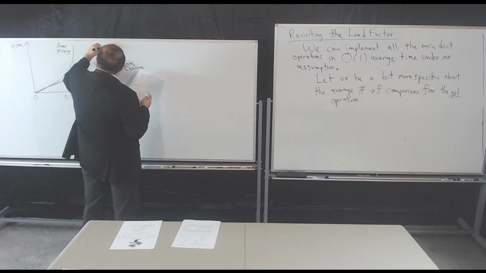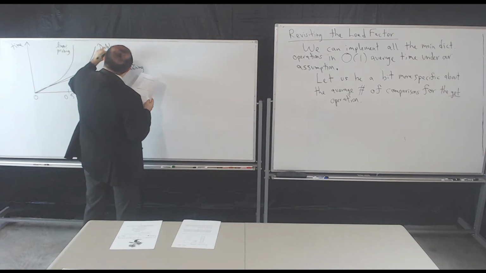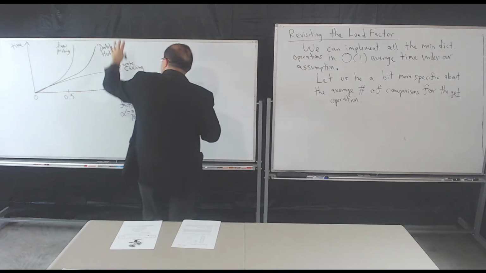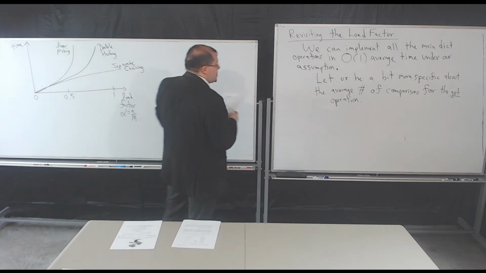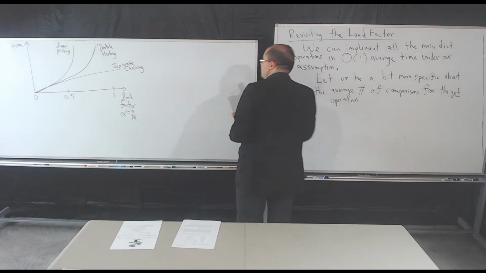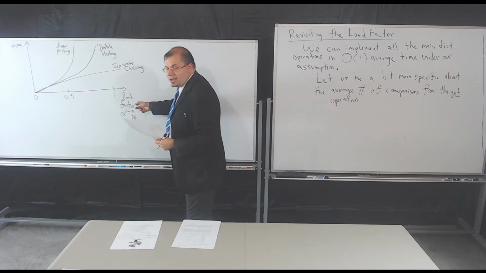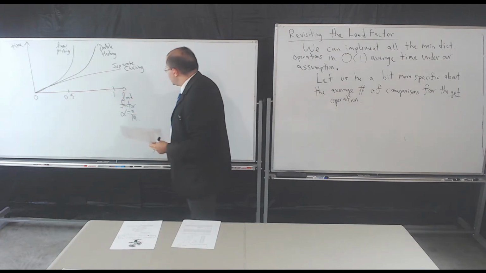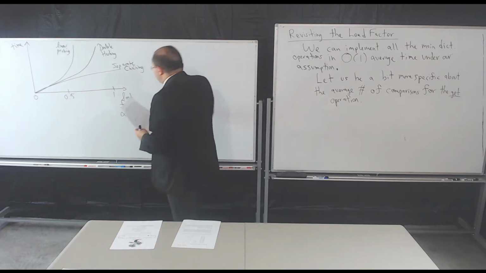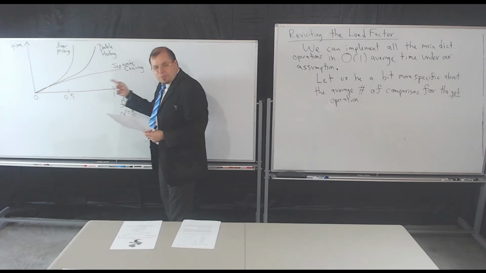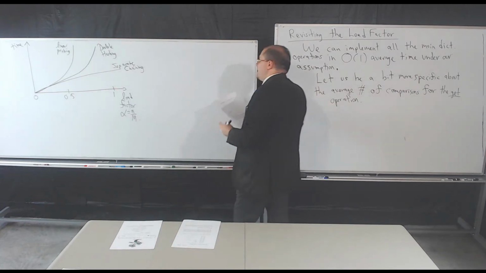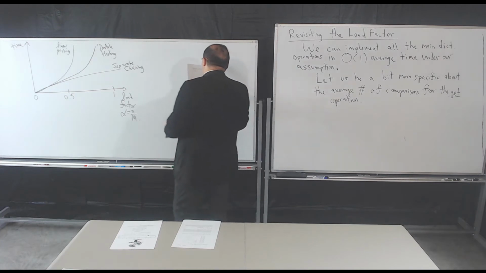So this is double hashing here. This is a plot of the average number of comparisons for the get operation I would do depending on the load factor. So the load factor is controlling the horizontal axis here. It should be natural that that's a straight line because we've already talked about what the load factor looks like in relation to separate chaining.